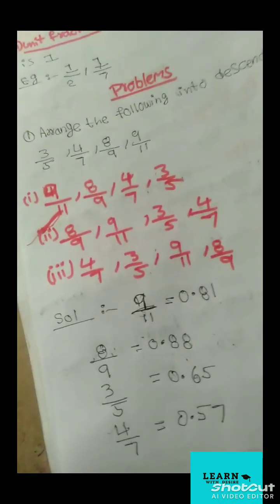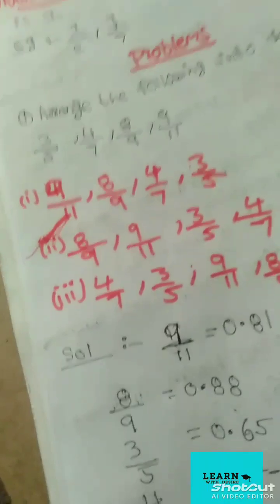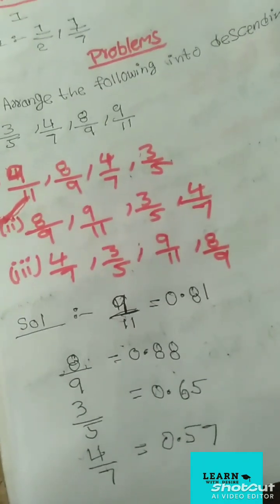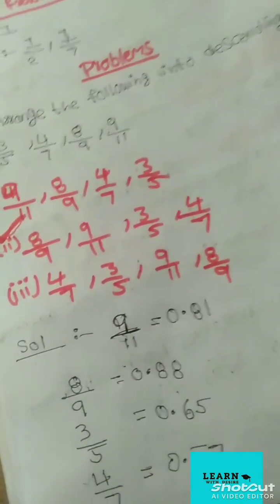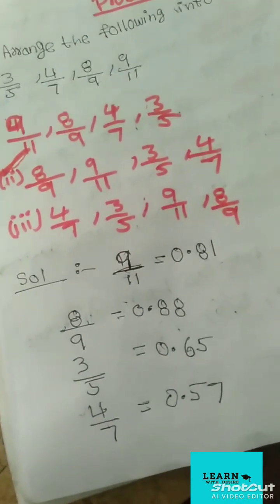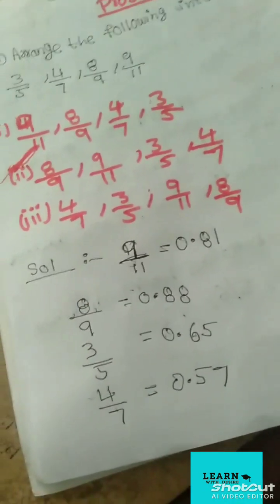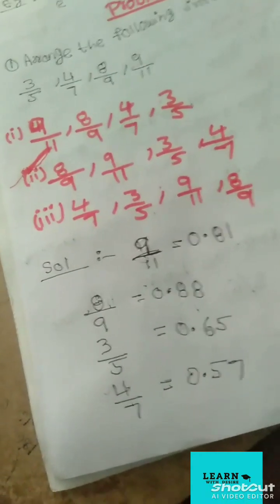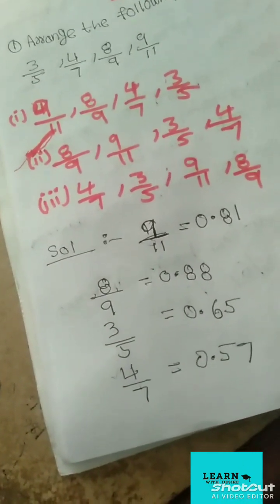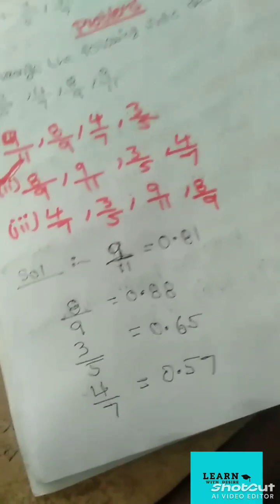Similarly, do it for all the fractions. After doing it for all the fractions, we get the answers like this. Now according to the answers, arrange the fractions correctly, that is bigger to smaller.